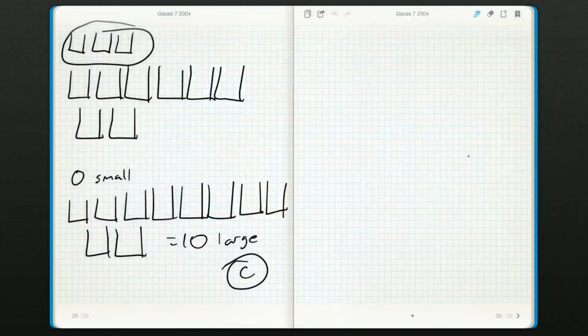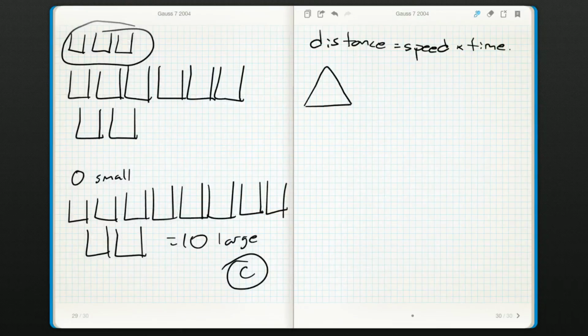And it all uses this formula right here. Distance is speed times time. This can be rearranged as you need it. I often remember it this way: D, S, T. They go top down and left to right in alphabetical order. So distance is speed times time. If we wanted distance, we just cover it up: speed times time.